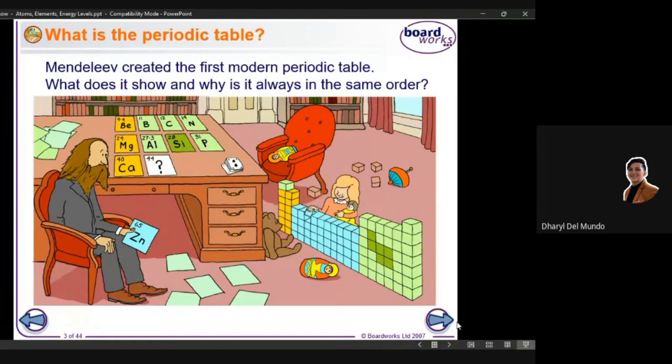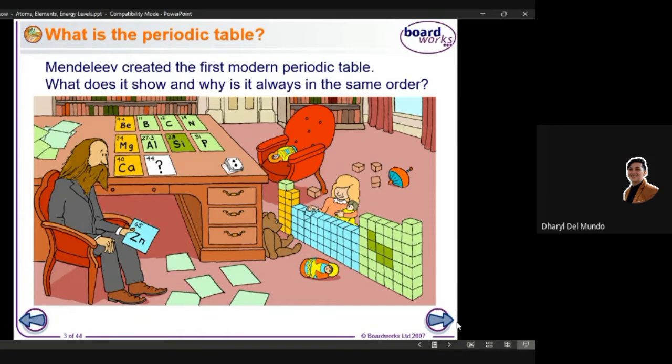Basically, he just observed all these elements and placed them with the same characteristics and properties. Okay, so that's how he did it.